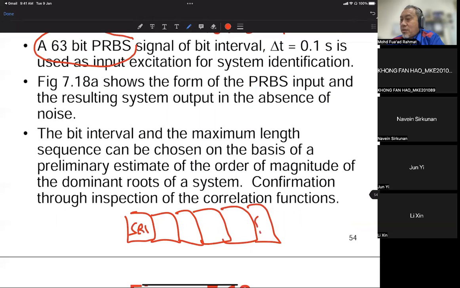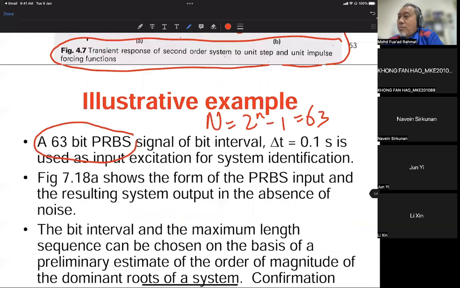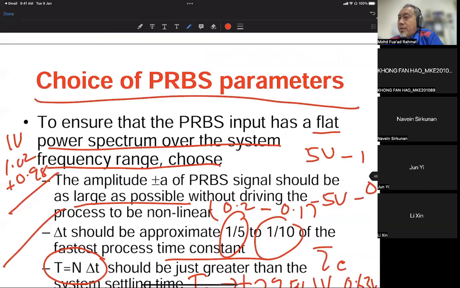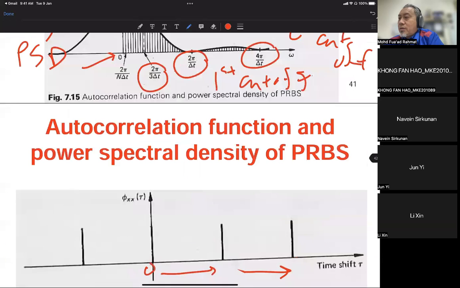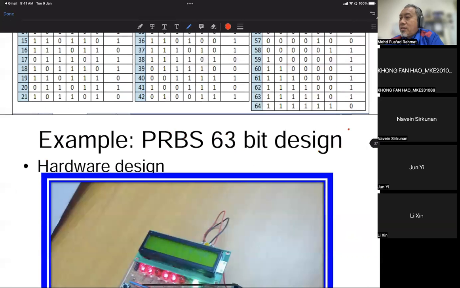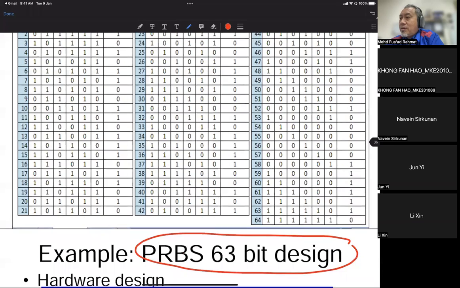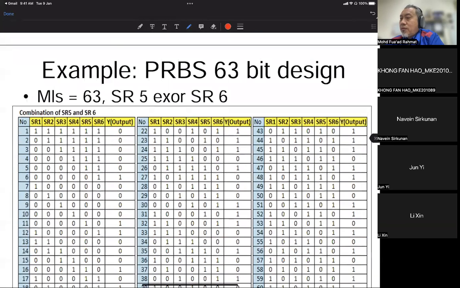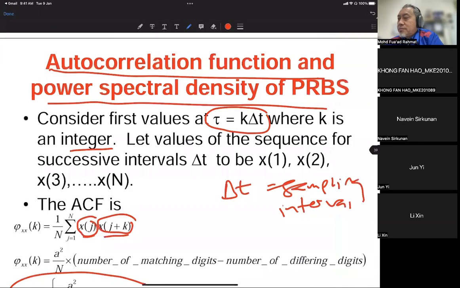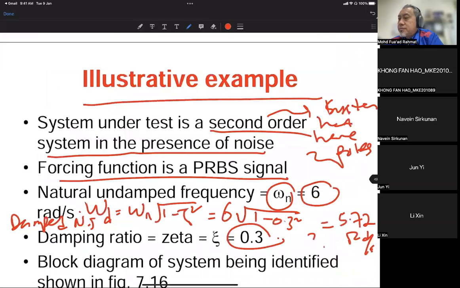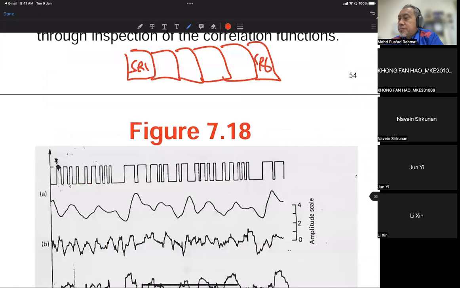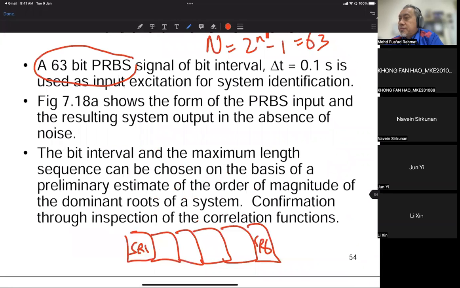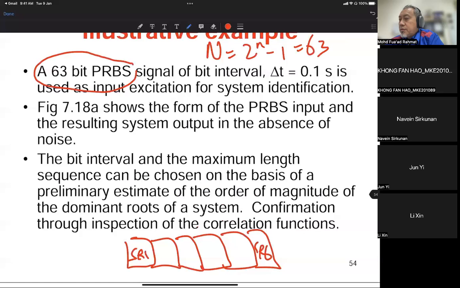Until SR6. Then you can compare with this one, the 63-bit design, 1 XOR 6 or 5 XOR 6.